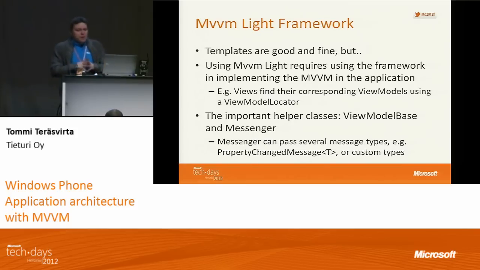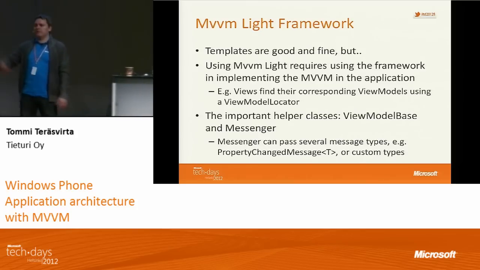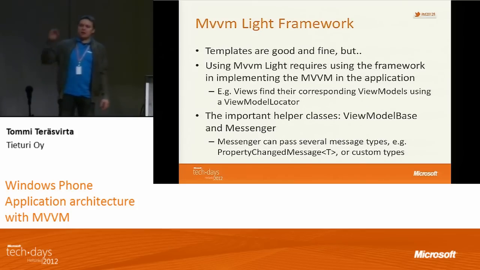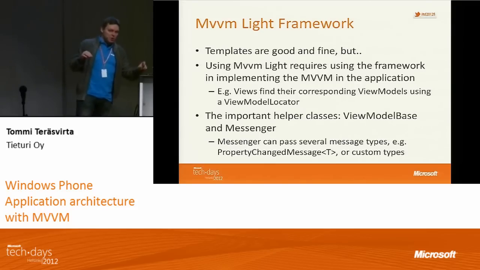In here, we have a number of view models. And the views do not directly create those. Instead, they use a view model locator. And then that view model locator is a single class that can handle all of the view models that we have. And then our view just tells the view model locator, I want to locate a specific view model, and then sets the data context to be that specific view model for that view.